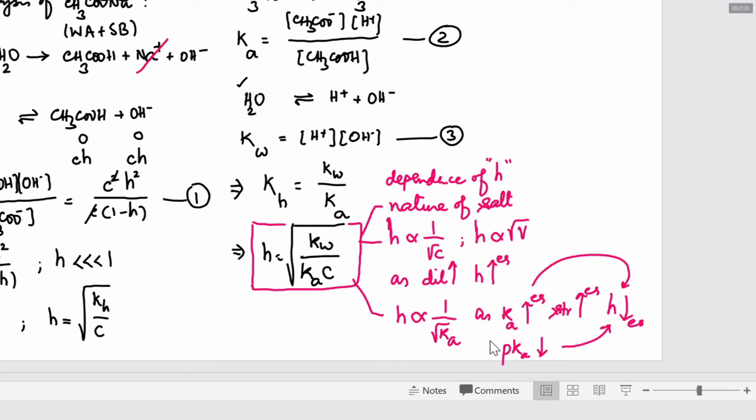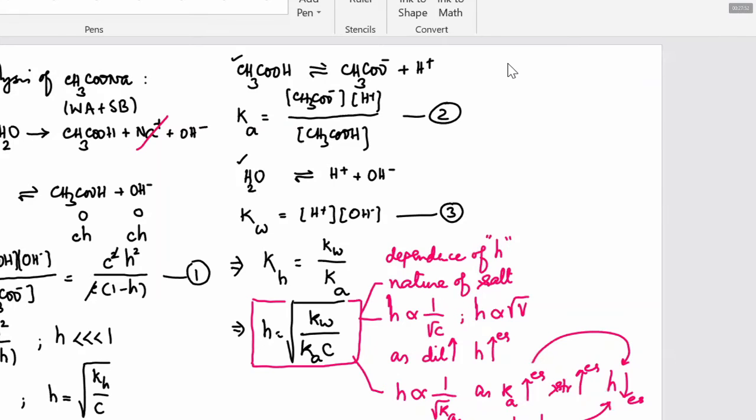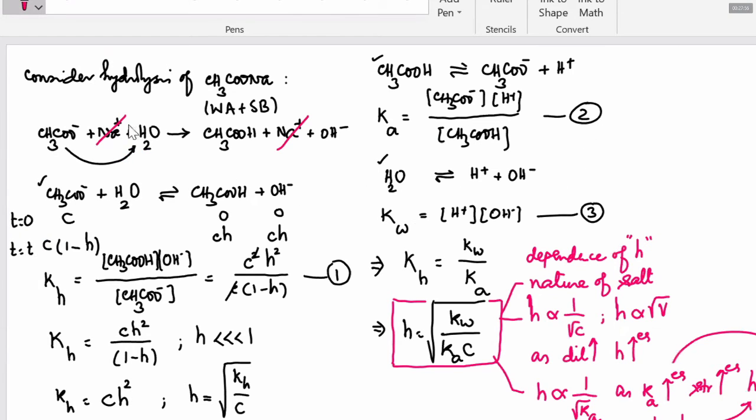Next, when we talk about the dependence of degree of hydrolysis, our ultimate question is how to find out pH. We get many 4 marks questions, but the ultimate question is the value of pH. Naturally, when you want to find pH, you have to search where the H plus ion is. Is it available?